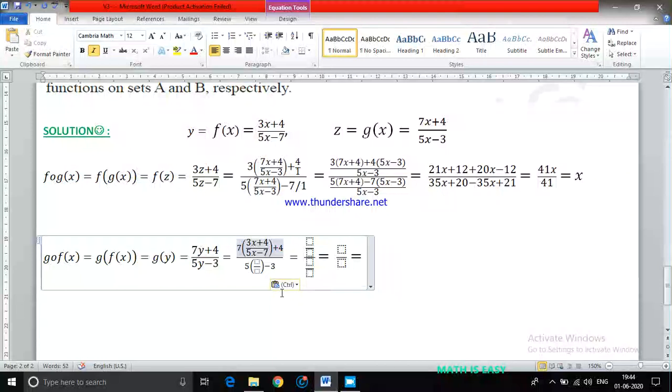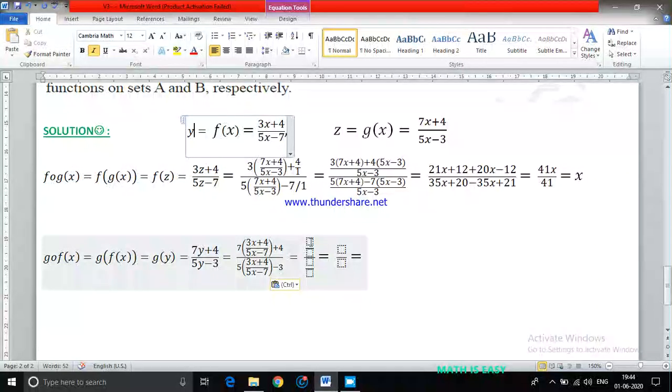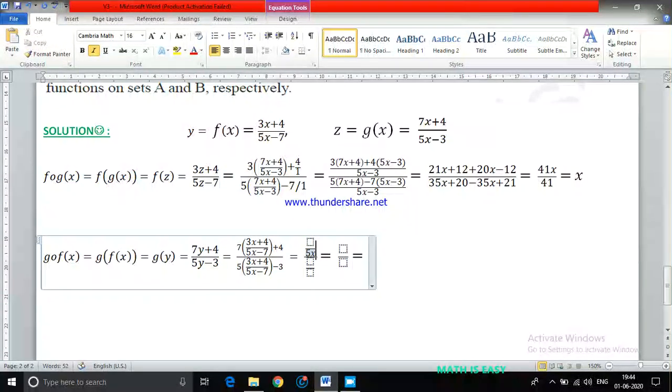Then 5y is there here also, so in place of that y, again I'll replace this term, because that's what I assumed, y as f of x, or 3x plus 4 upon 5x minus 7. So here also now you take the LCM. Here the denominator 5x minus 7 is the LCM.